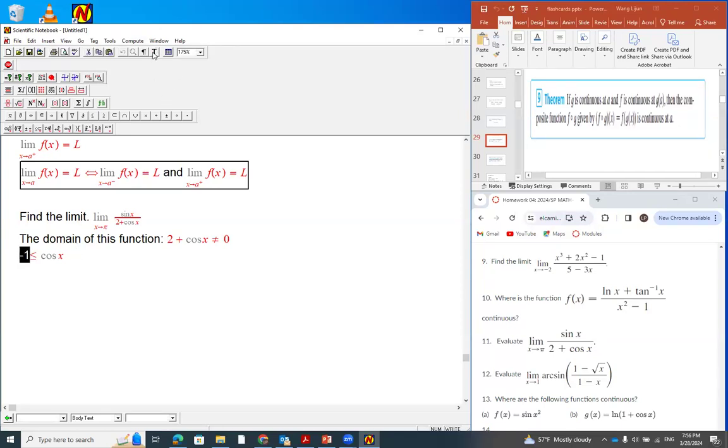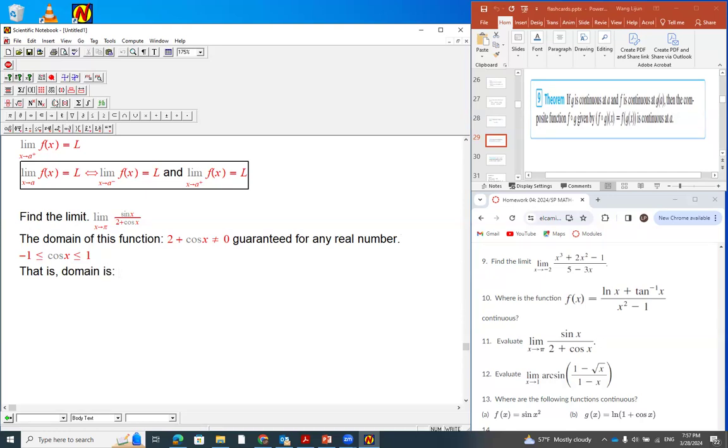So with that knowledge, which we are familiar with, this is guaranteed: the domain of this function is any real number. The domain is all real numbers.